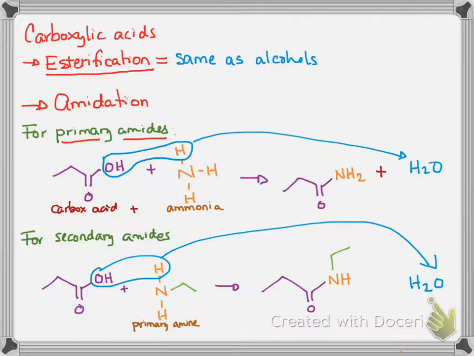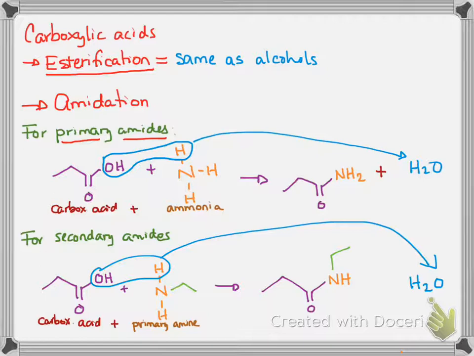For secondary amides, again, I have the carboxylic acid, but in this case it will combine with a primary amine. How do I know this is a primary amine? Why primary? Because the nitrogen is attached to only 1 carbon.